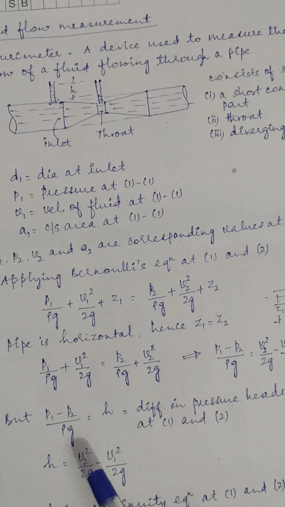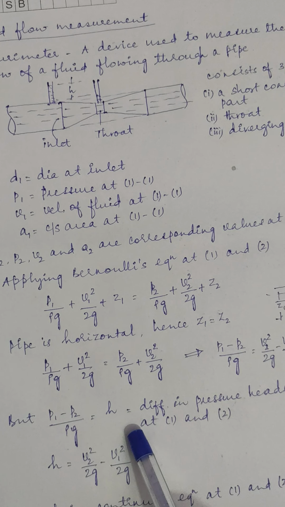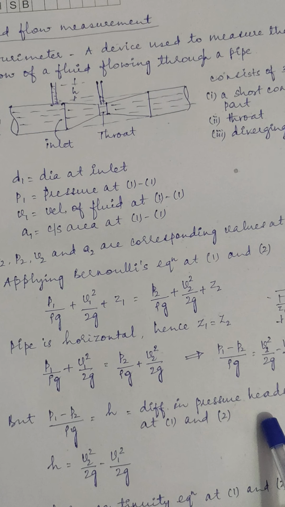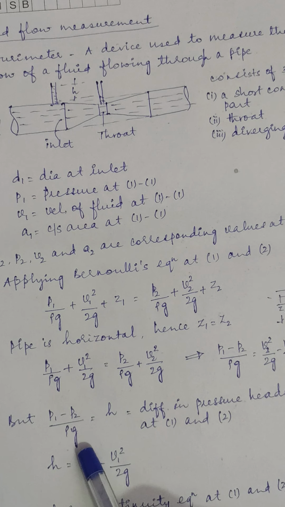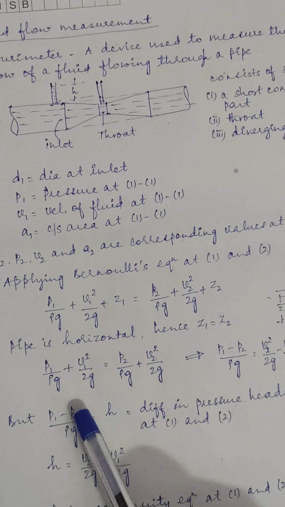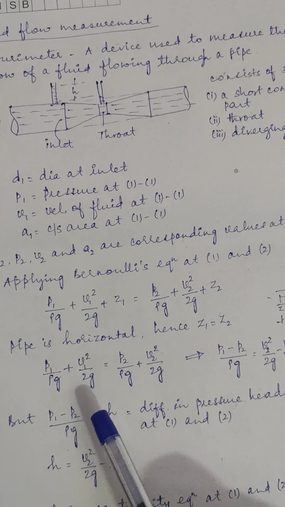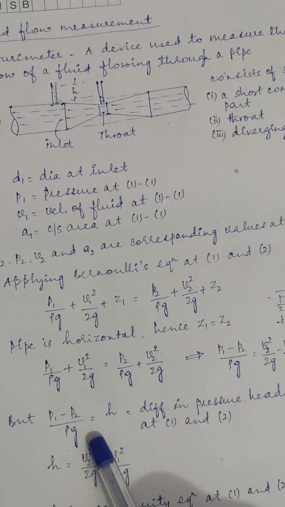Now P1 by rho G minus P2 by rho G is nothing but the difference in the pressure heads at sections 1 and 2. P1 by rho G is the pressure head at section 1, and P2 by rho G is the pressure head at section 2. So P1 by rho G is H1 and P2 by rho G is H2.